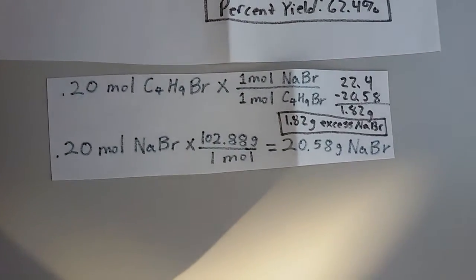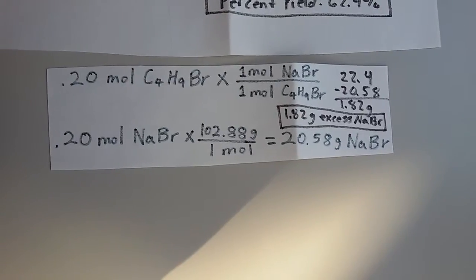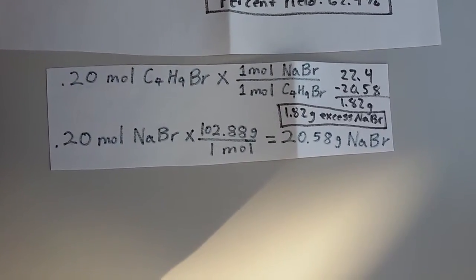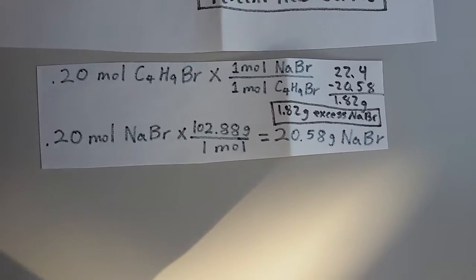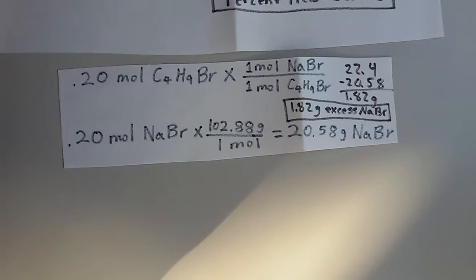By that, part of the answer for C is 22.4 minus 20.58 equals 1.82 grams. So it is our excess for NaBr.